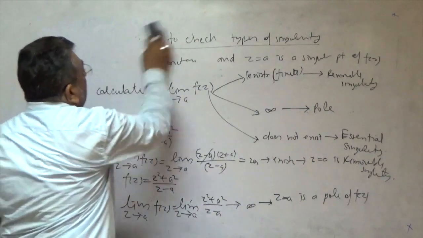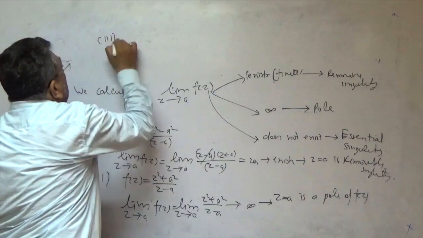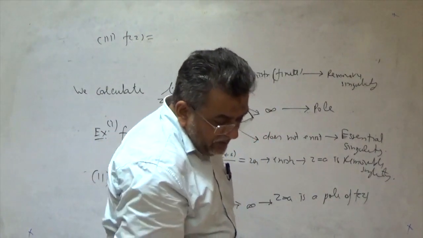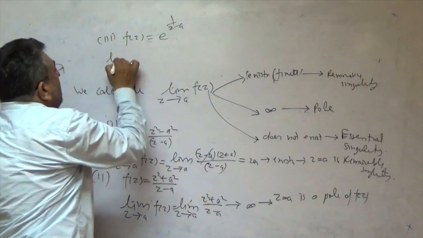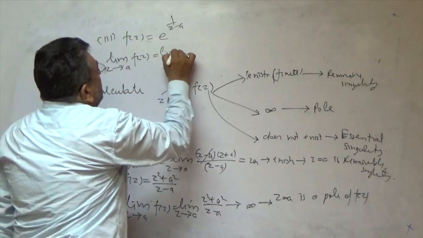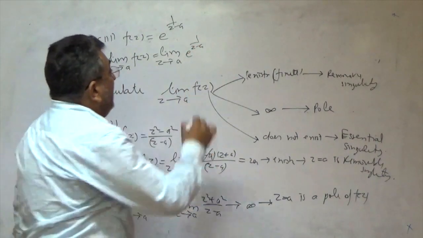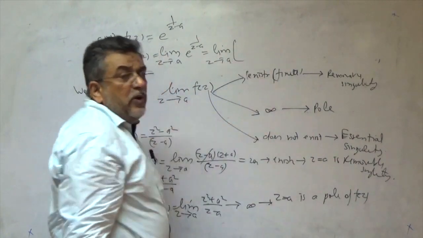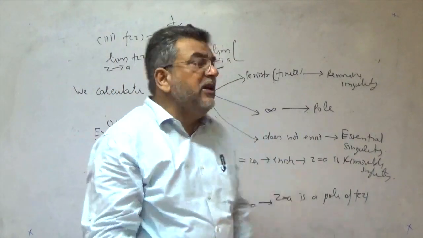Third case, if we take the example of f(z) equal to e to power 1 upon (z minus a). Now calculate the limit of this function as z approaches a. If we expand this in the form of an exponential series, you know that e to power x is 1 plus x plus x square by 2 factorial plus x cube by 3 factorial and so on.